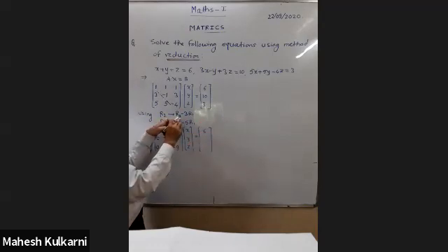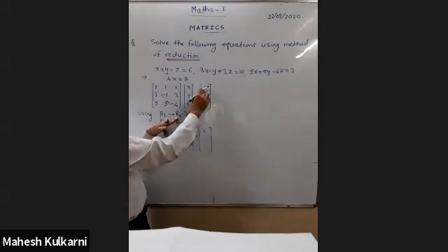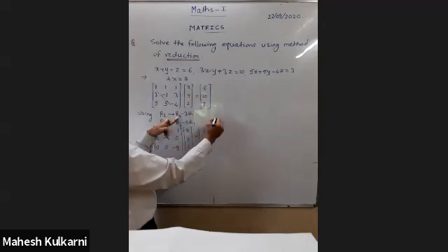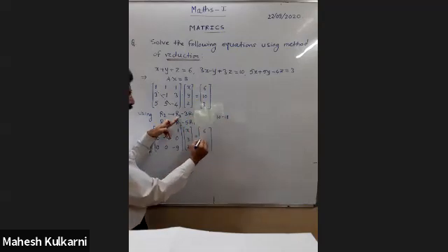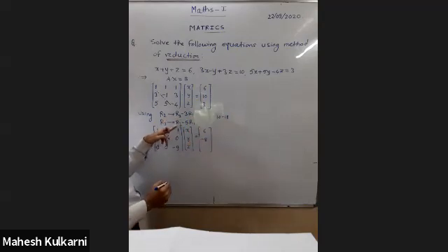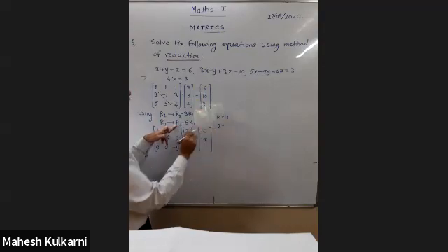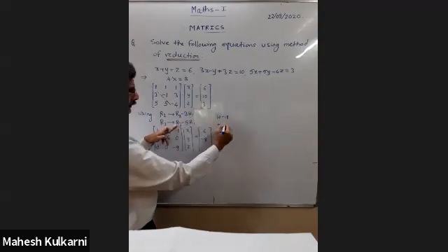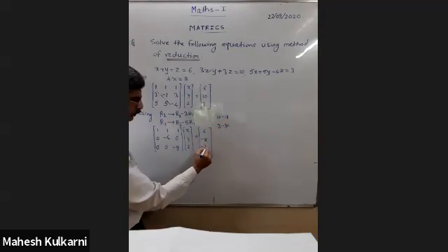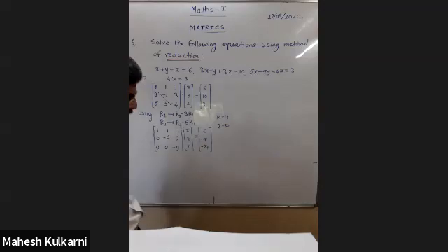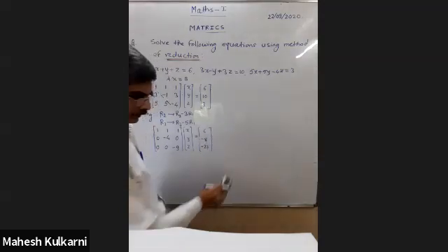Now R2 is 10 minus 3 into 6. So that is 10 minus 18. So it is minus 8. R3: what is R3 here? Here it is 3. Minus 5 into 6. So what is the value here? Minus 27. So this is the matrix.